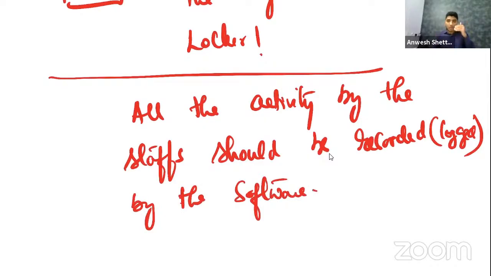So all the activities done by the staff should be recorded by the software. If one person does something in the software, it should be recorded by the software regarding who did this. Now you tell me, is this IT control or is this internal control?